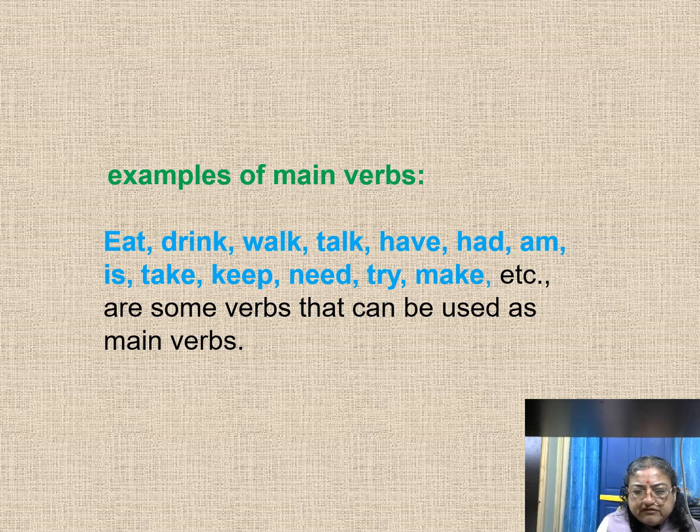In a very short way, I am just teaching you so that you can understand what is main and what is auxiliary. These are some verbs that can be used as main verb.